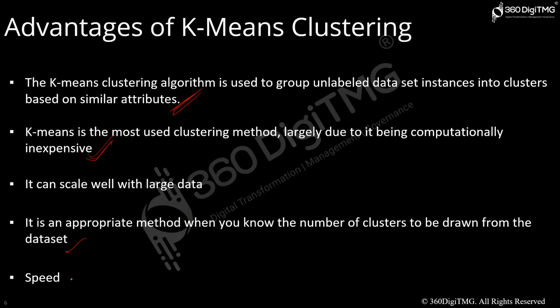And then the speed. Here, it is computationally inexpensive, and if it is computationally inexpensive, then the computation of the model is also good. That's why they use K-means the most. That's why they have mentioned the speed.